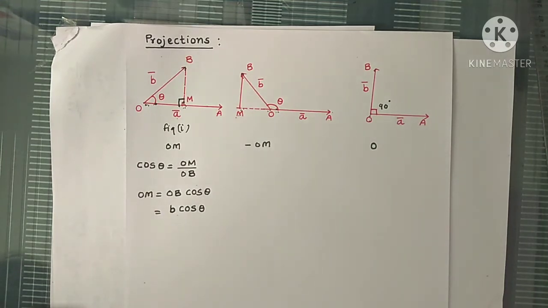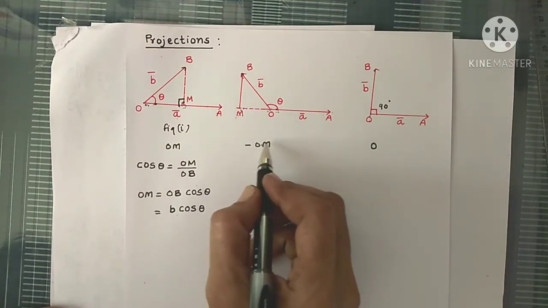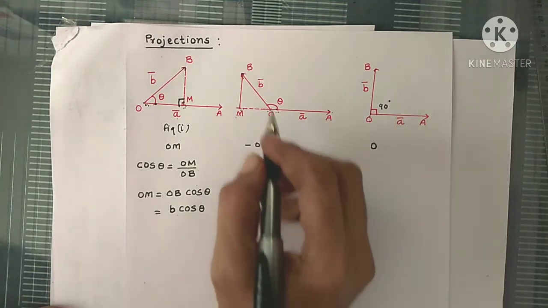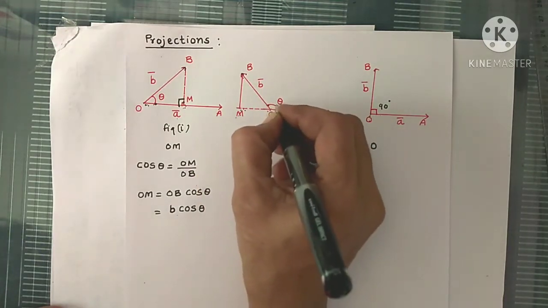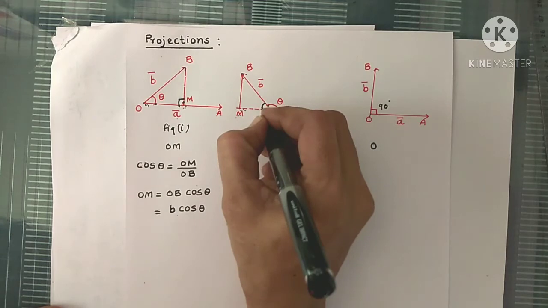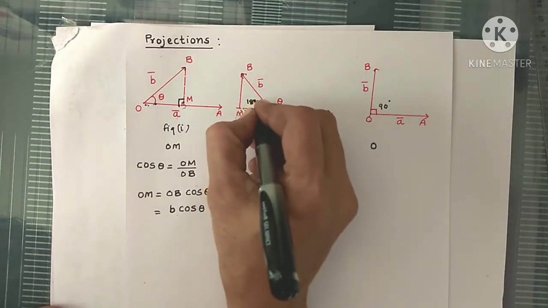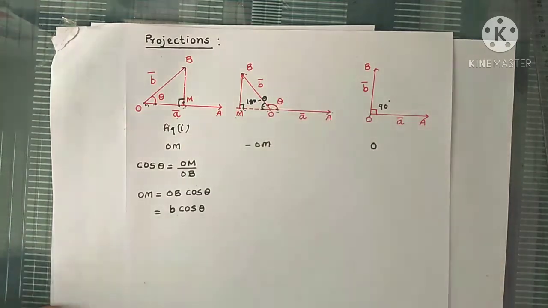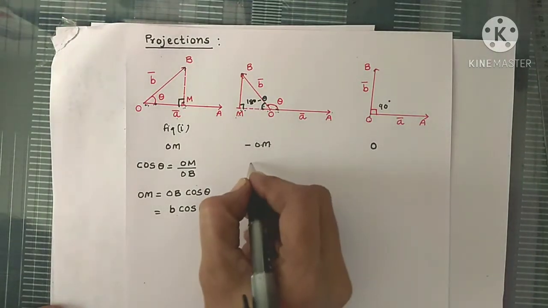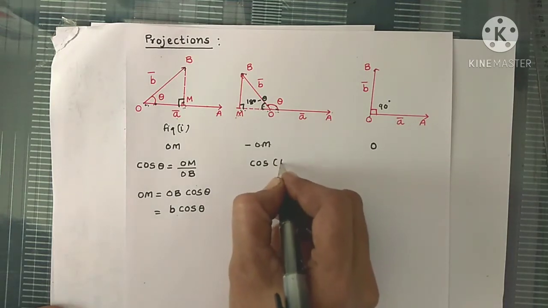Let's consider the second case, where theta is an obtuse angle. Here the scalar projection is minus OM. Let's consider triangle BMO. Now this angle is theta. So angle BOM is 180 minus theta, as the sum of these two angles is 180. Again we consider cos of 180 minus theta, so that we get an equation in terms of OM.